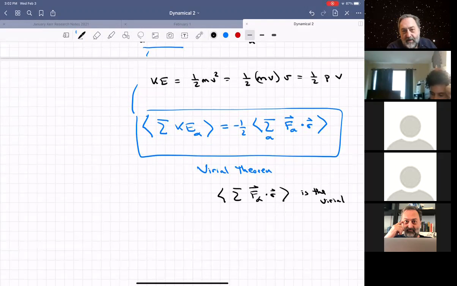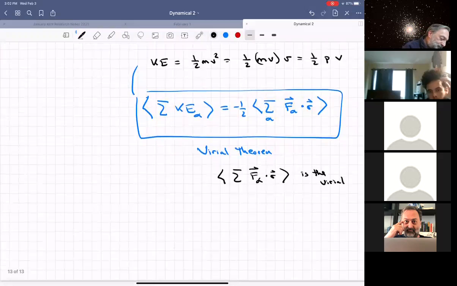So we've related the sum of the average kinetic energies, the average kinetic energy of the system, to something related to the force, okay?